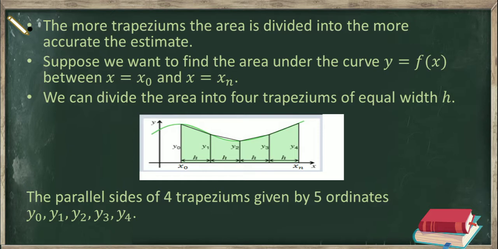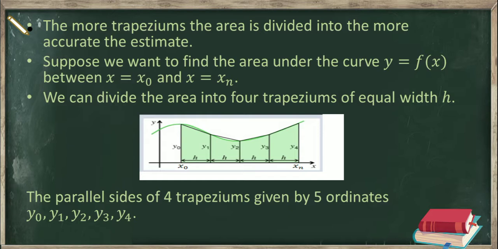Suppose we want to find the area under the curve y is equal to f of x between x is equal to x0 and x is equal to xn. We can divide the area into 4 trapeziums of equal width h. See the figure. In this figure, we want to find the area of the shaded region.